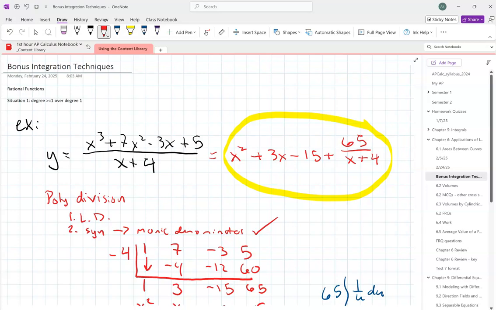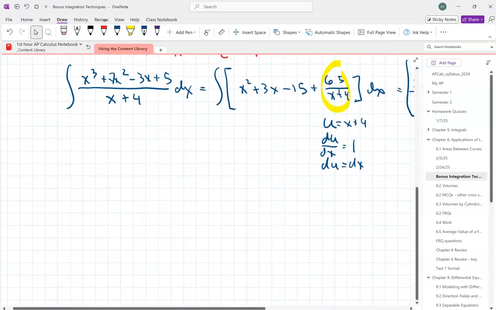Is everybody cool with that? That's kind of the easiest of these techniques to deal with a rational function, where all you have to do is that polynomial division, and then it's an easy u sub integral afterwards. Would we like to see another example of that, or is that okay? This feels okay? All right.